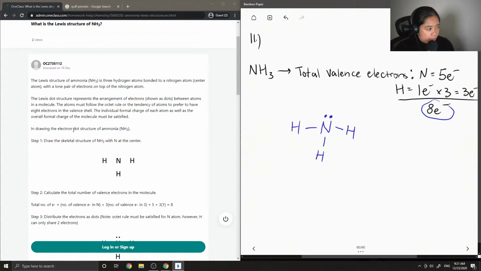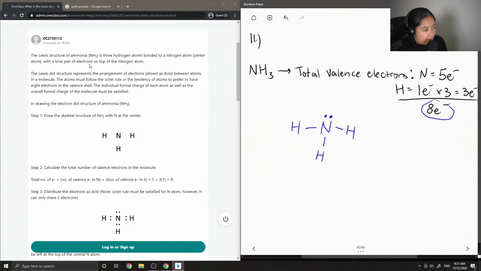Okay, so the junior tutor said, the Lewis structure of ammonia is 3 hydrogen atoms bonded to a nitrogen atom, which is the center, with a lone pair of electrons on top. The Lewis dot structure represents the arrangements of electrons, shown as dots, between atoms in a molecule. The atoms must follow the octet rule, or the tendency of atoms to prefer to have 8 electrons in the valence shell.